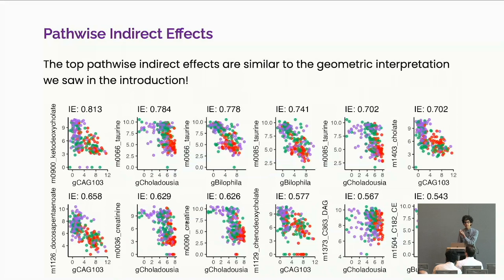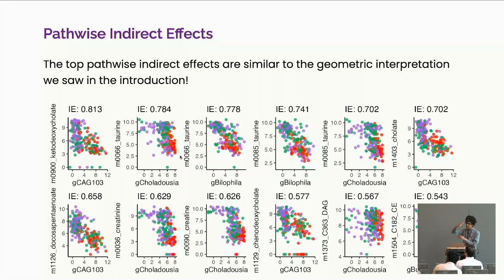And you can dig a little bit deeper into this. So that's kind of an overall indirect effect across the entire microbiome. We can also tease apart individual species. So here, each x-axis is a different microbe. The y-axis is a metabolite. And this picture should remind you of the cartoon that I showed at the beginning. There's no direct effect here.